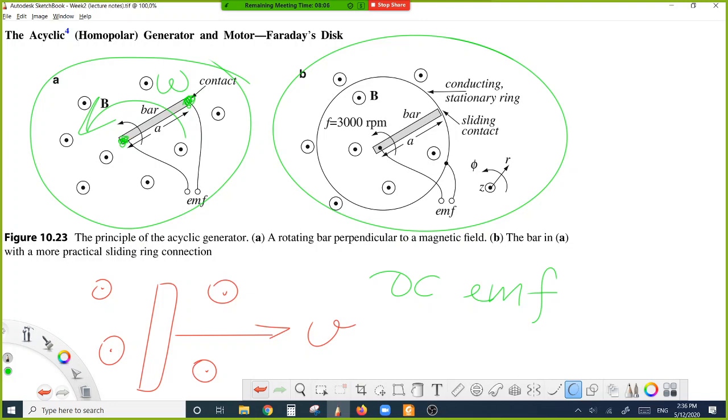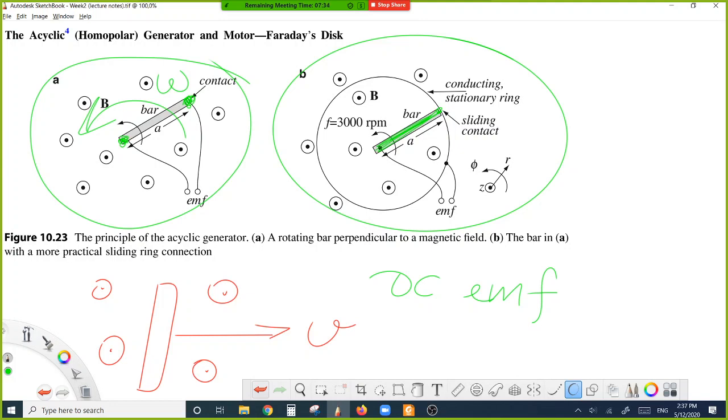We have a stationary conducting ring, inside which our bar is rotating, and one end of our bar is sliding inside our conducting ring.